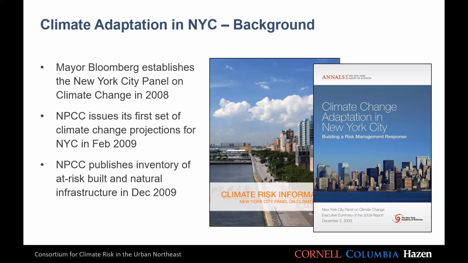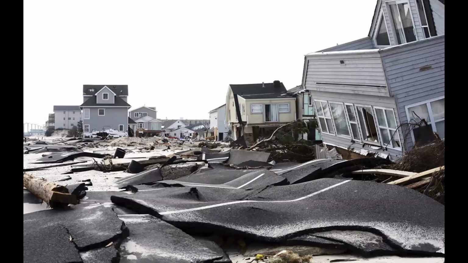They issued their first set of downscaled climate change projections for New York City in February 2009, and published an inventory of at-risk built and natural infrastructure later that year. So planning efforts were moving along steadily when an event occurred that pushed everything into high gear. And I'm sure you all know that event was Hurricane Sandy in October of 2012.